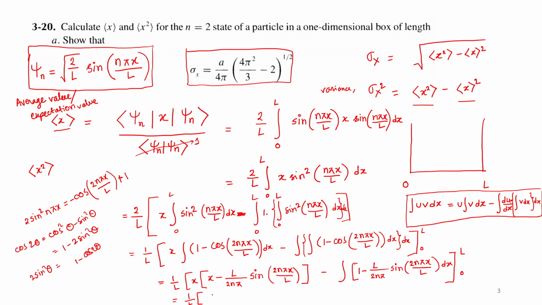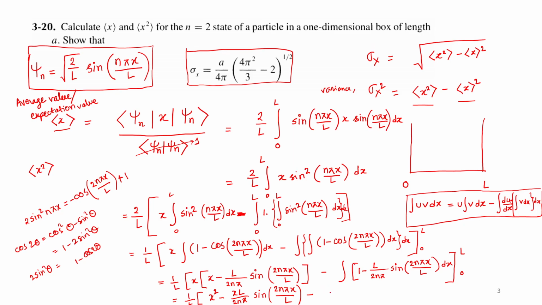So it will be something like x square minus xL by 2n pi sine 2n pi x by L, minus, here I have to do another integration, right?